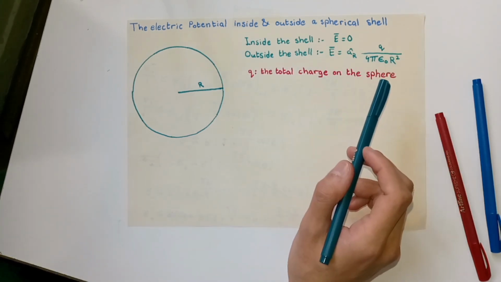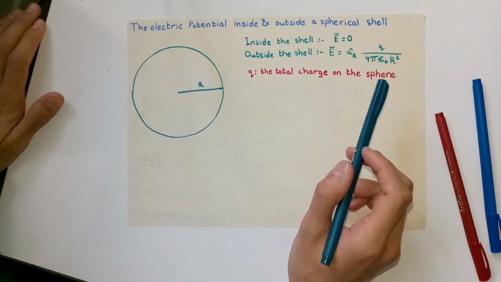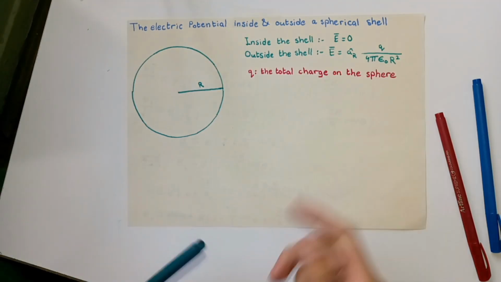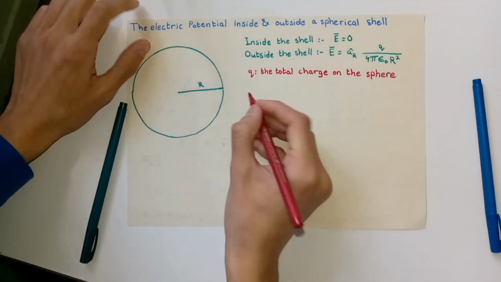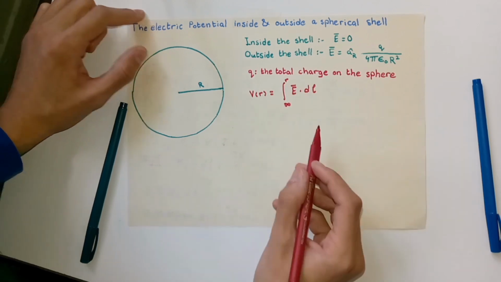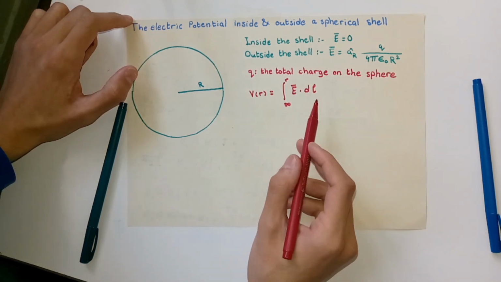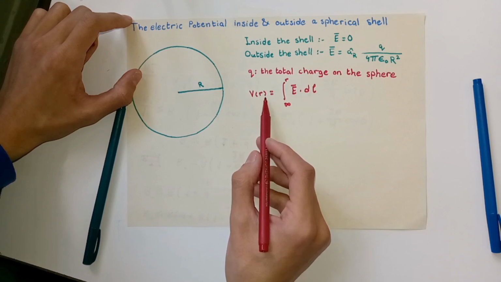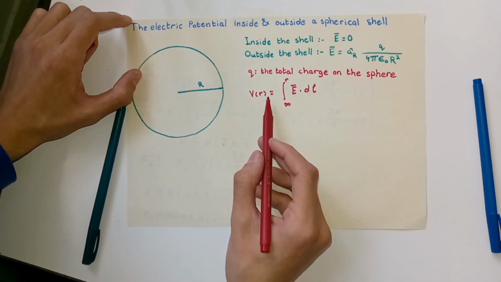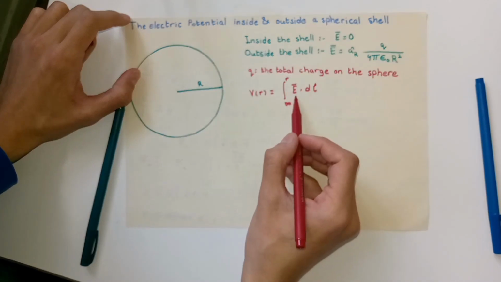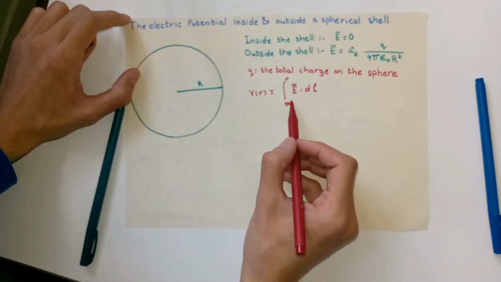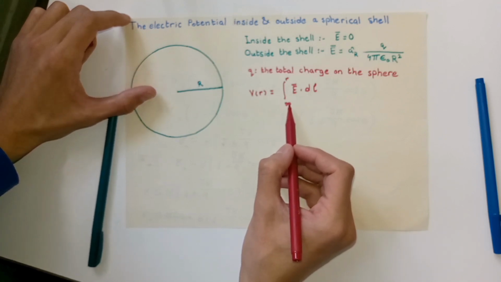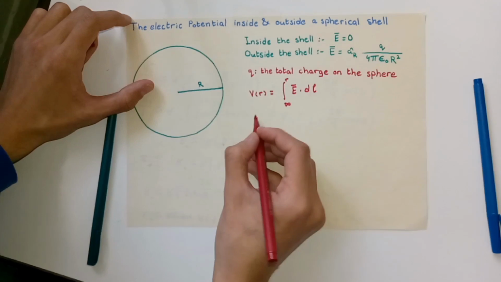And in order to calculate the potential, let's recall that the potential is the line integral of the electric field. Let me write this. In order to find the potential at a point at r, which is an arbitrary position of this point, we will take the line integral of the electric field between r and infinity, where infinity is the selected reference, where the potential is 0.